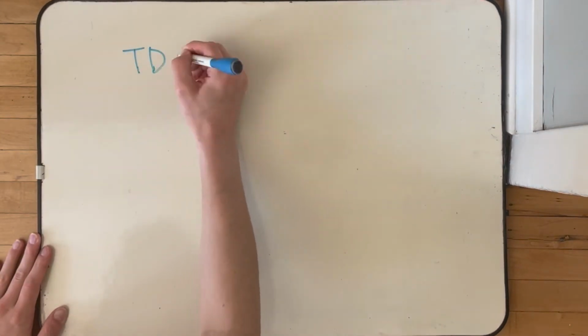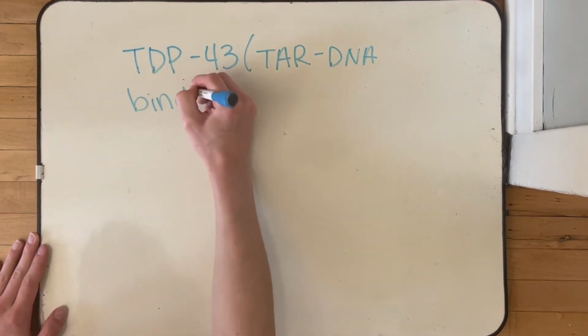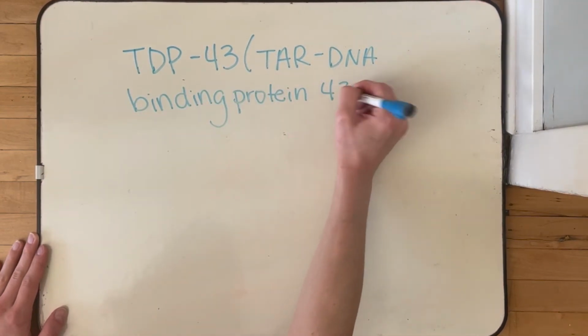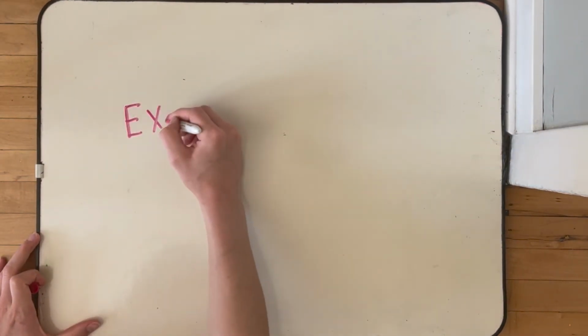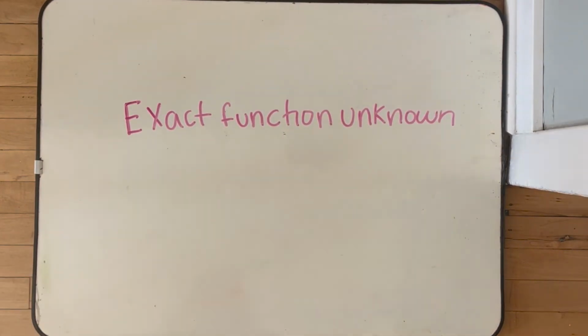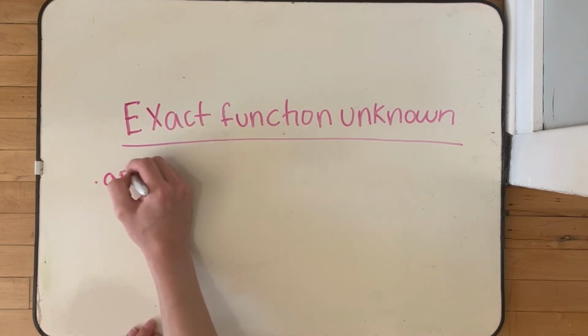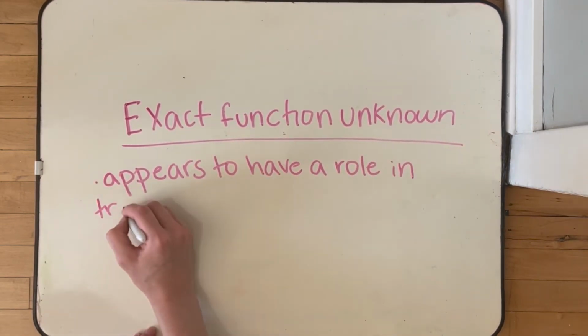Now we're going to be looking at TDP43, which stands for TAR DNA binding protein 43. So again, the exact function of this gene is unknown, similar to C9orf72, but it does appear to have an important role in transcription and RNA splicing.